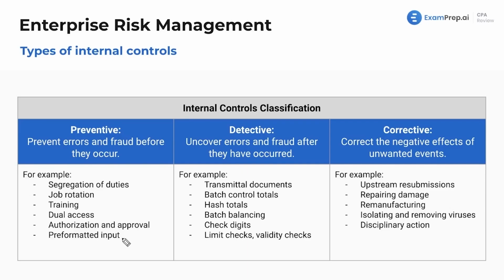And pre-formatted input. So it's basically saying we have standard processes, and that standard process might make it very hard to commit fraud. But if you don't have a standard process to do something, well, it might be much easier to commit fraud. Actually, I just thought of a great example would be employee expense reimbursement.